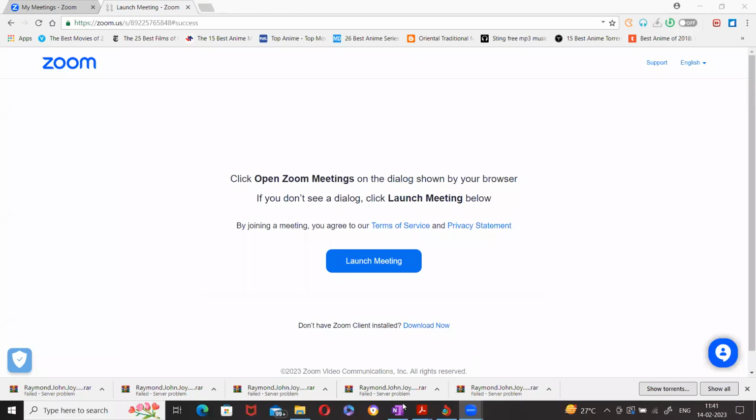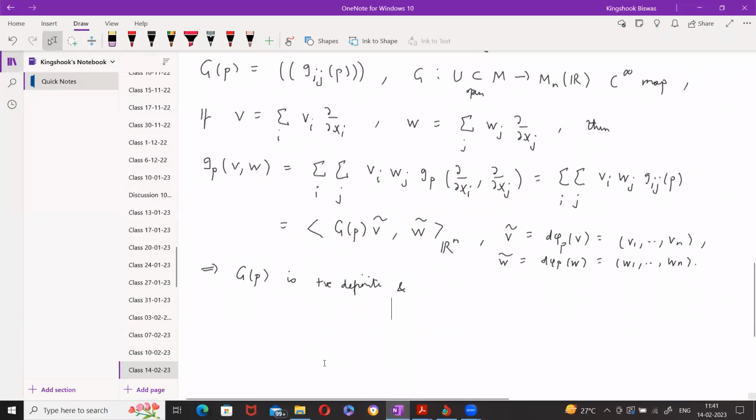This matrix G is called the matrix of the Riemannian metric. It is positive definite and symmetric for all P in the domain of the chart.